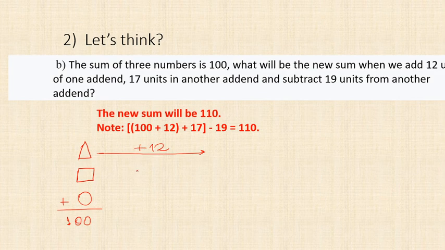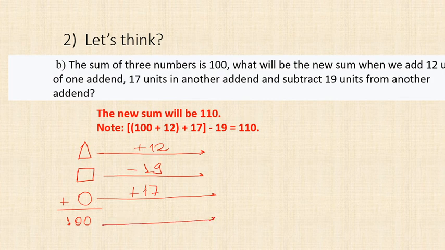He doesn't say where, so let's say that is here, and we subtract 19 units from other addends. Let's say that is here, okay? So I have to see what will happen to my result.